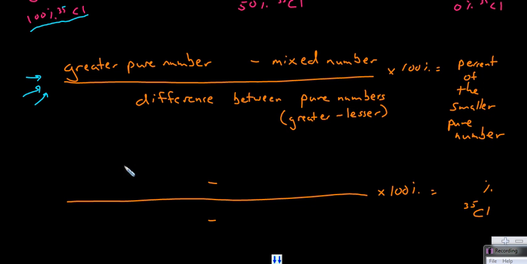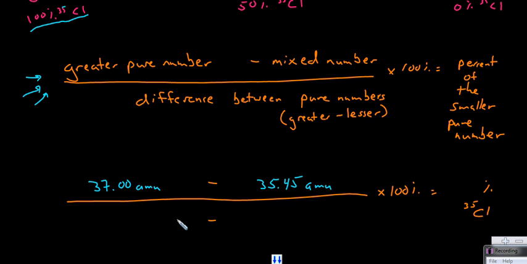Okay, so let's plug in. What is the greater pure number? What is the greater atomic mass? Well, it's 37.00 atomic mass units. Our mixed number is our weighted average atomic mass, that is 35.45 atomic mass units.